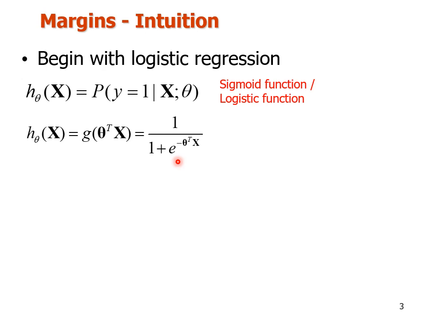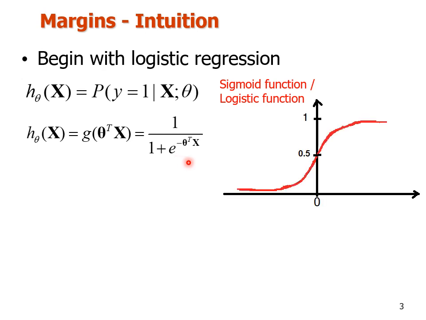Now please look at this figure, how we can draw the sigmoid function. So this red color plot is showing us the sigmoid function, or it is also called the logistic function.